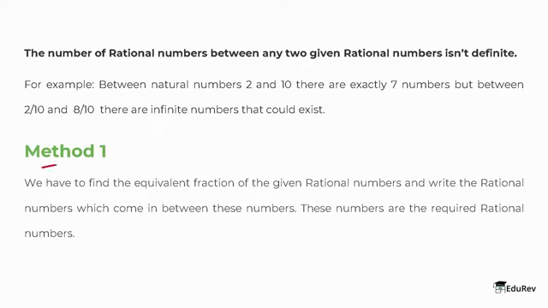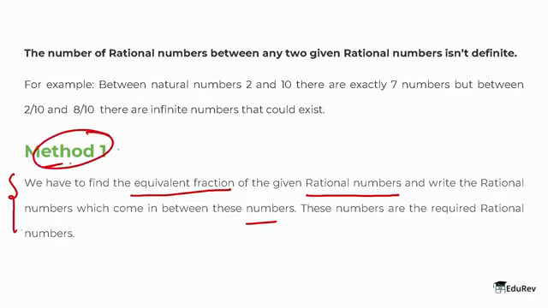Method 1 says that we have to find the equivalent fractions of the given rational numbers and write the rational numbers which come in between, and these are the required rational numbers. This method might seem a little off, but it's actually very simple. I'm going to explain it on the next slide with the help of an example.